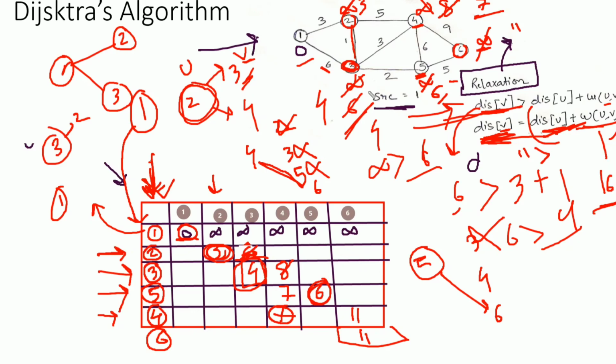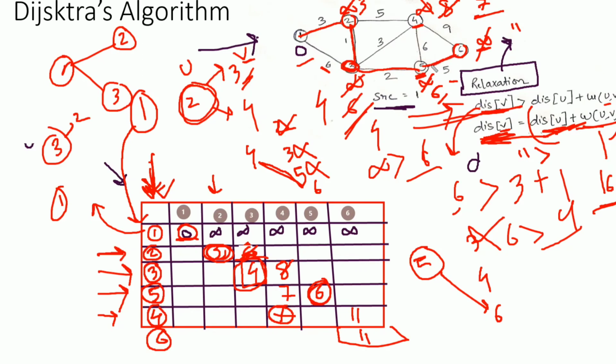So if we want to find the shortest path between vertex 1 and 6, from the table we came to know that it's 11. If we see the path, this is 3 plus 1, 4, plus 2, 6, plus 5, 11.